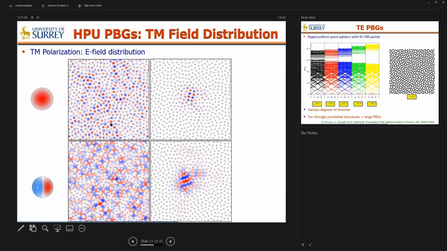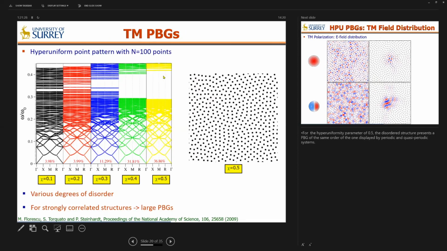There is a field which has a maximum value at the center of the cylinder. The same story here, where we have alternating positive and negative values for the electric field, but both are localized within the dielectric cylinder.